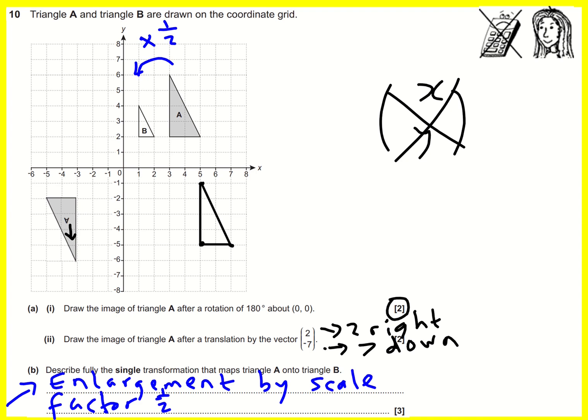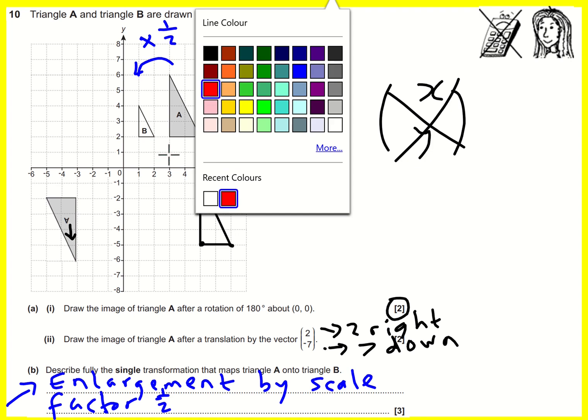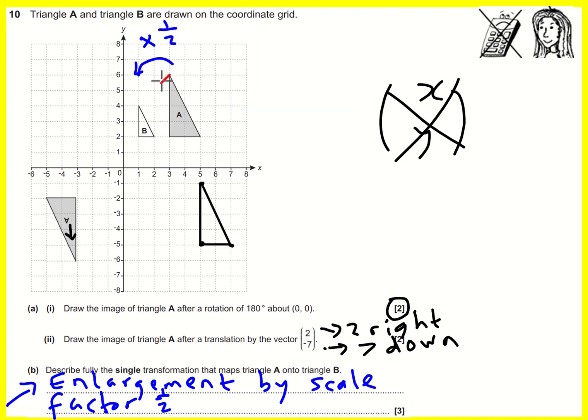And just the final mark is to draw ray lines that go through the points. So if I start at the larger one, go for the middle one, the smaller one rather, but the respective points. Okay, let's do that. And then if I go for the right hand lines, it's going to be there. And you can see it would be the same for the bottom left as well.